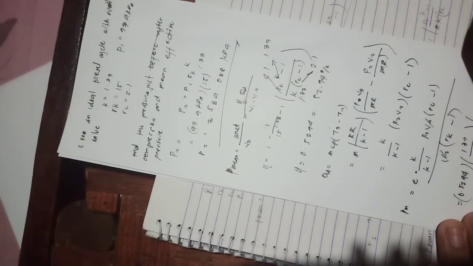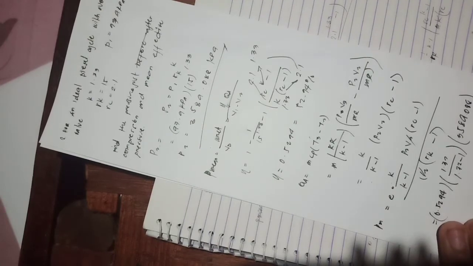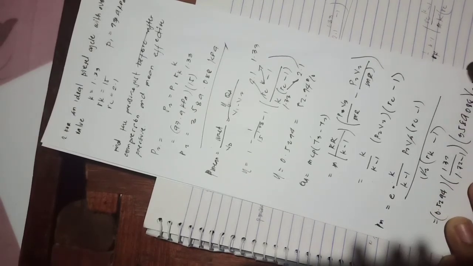We have the value of P2 there, 3,589.088, multiplied by RC 2.1 minus 1 over RK 15 minus 1.